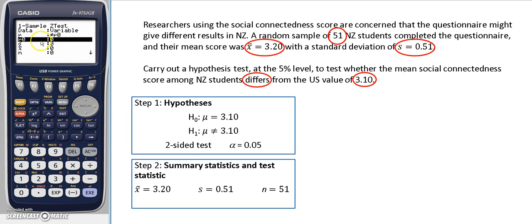We come down and now need to set the value that it doesn't equal from our alternative hypothesis, and that's 3.10. We now need to enter a standard deviation, which we'll use the sample standard deviation for, our sample mean, and our sample size.